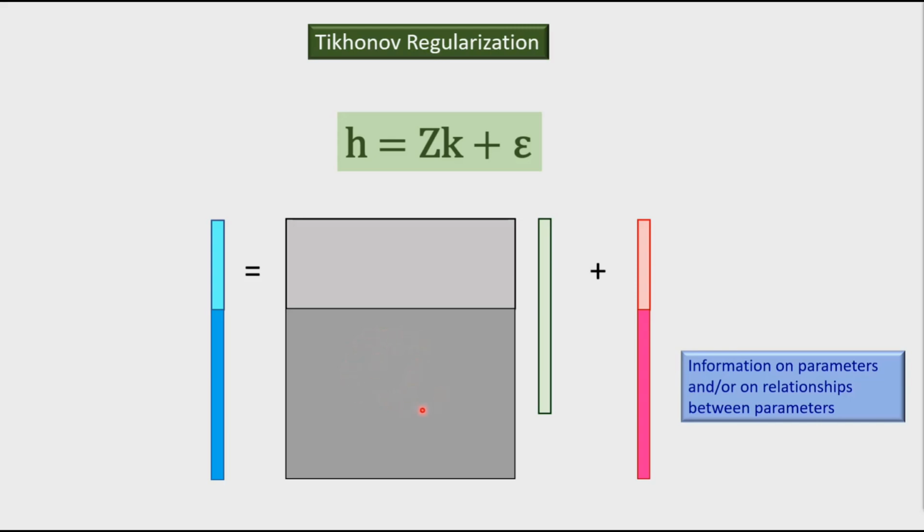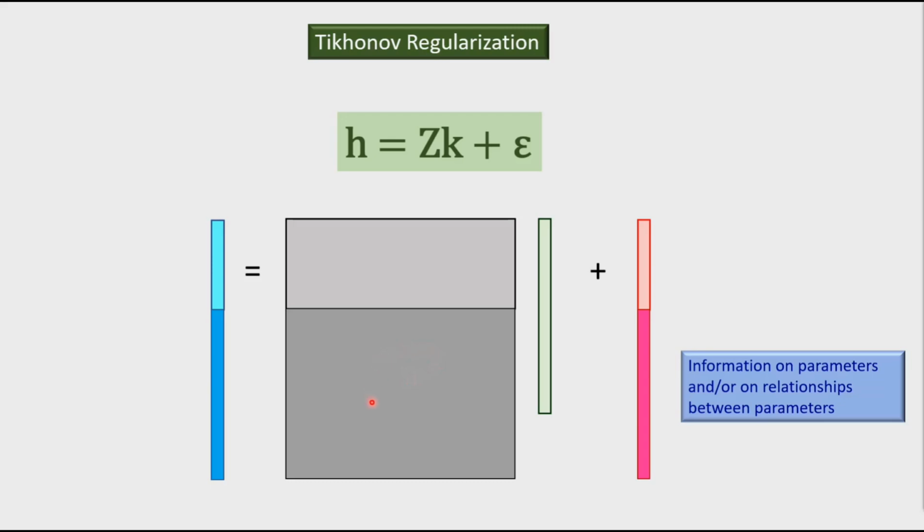This expanded Z matrix contains information on the parameters themselves. It can be values which we think those parameters should have based on expert knowledge. It can be relationships between the parameters. For example, that spatial variability of those parameters be smooth or minimal.